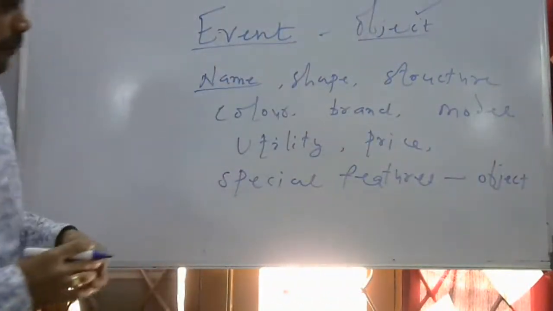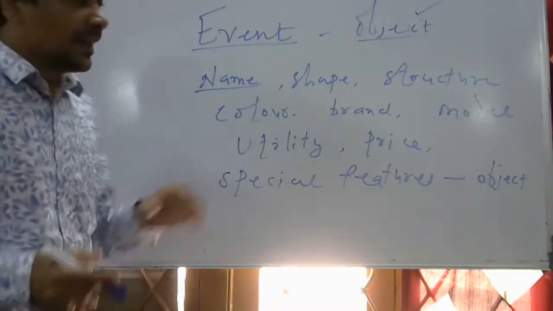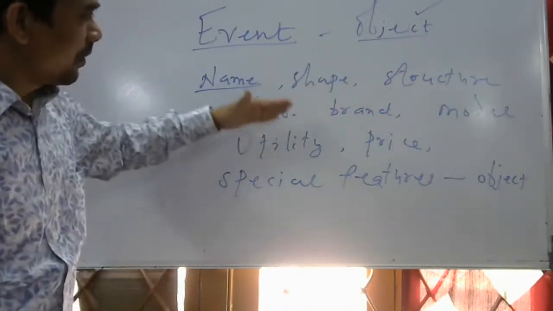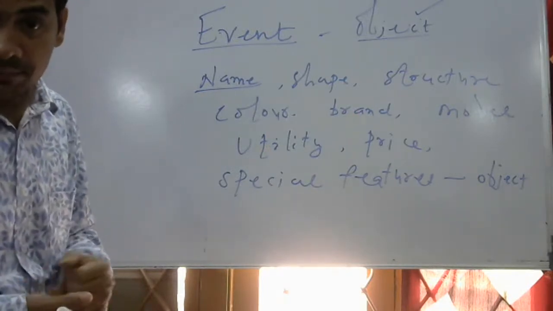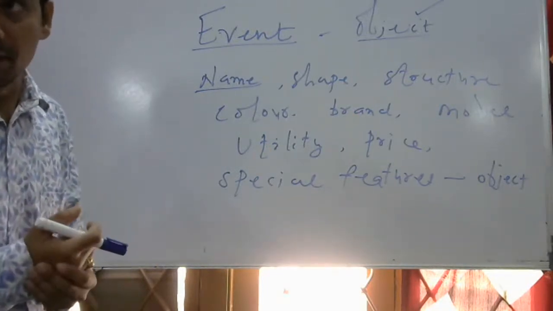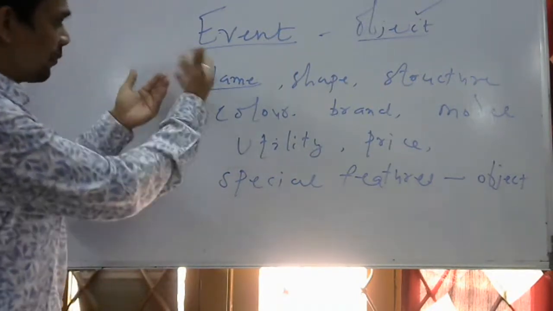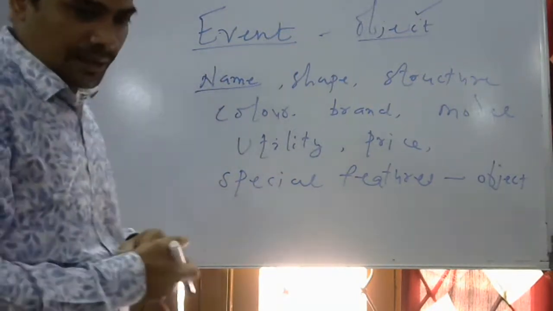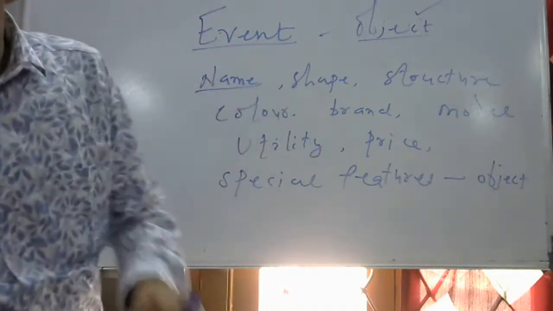So these all points you have to understand. Clear? Name, shape, structure, color, brand, model, trademark, utility, price, or any other relevant point which you see in that object. So accordingly you have to proceed.